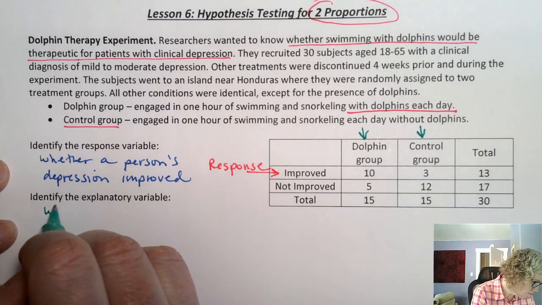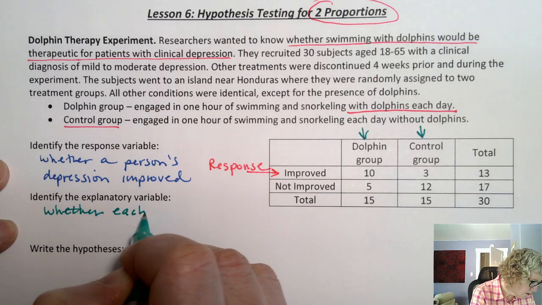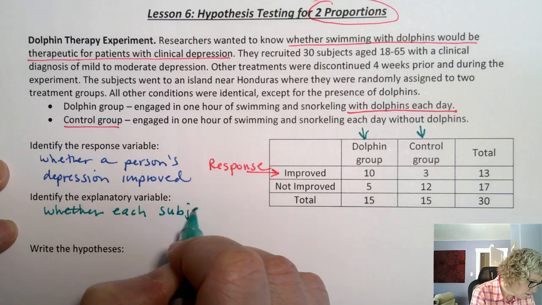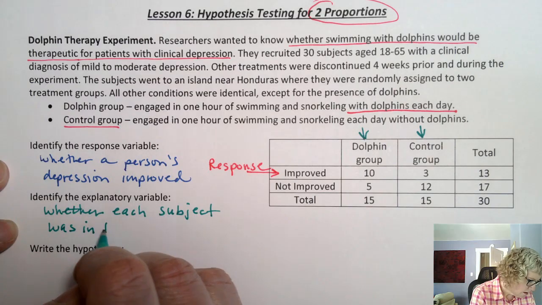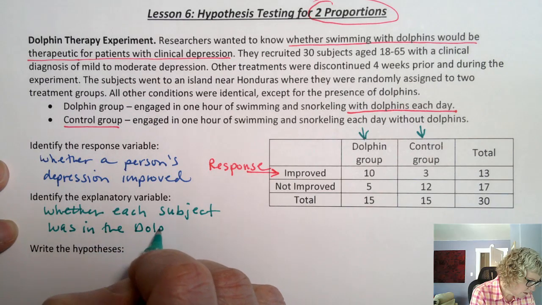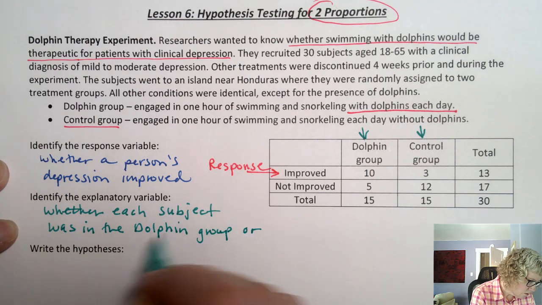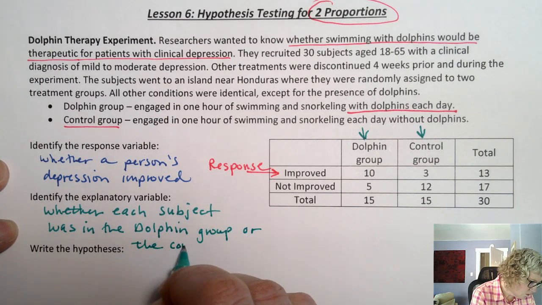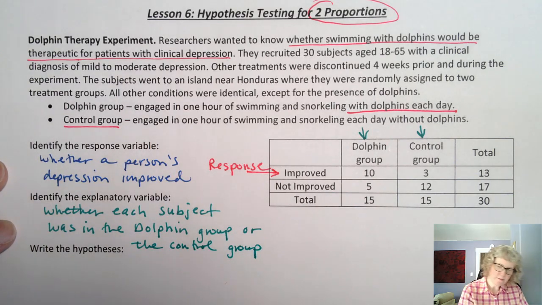So the explanatory is going to be which group a person was in, right? Whether each subject was in the dolphin group or the control group, okay?